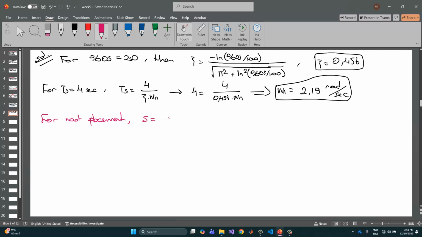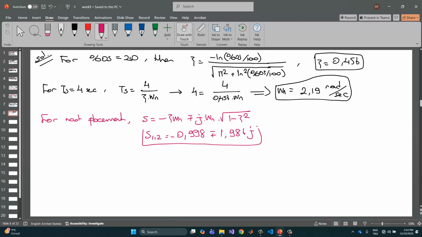We have S equals minus zeta Wn plus or minus j Wn square root of 1 minus zeta squared, which means that S1 and S2 are equal to minus 0.998 plus or minus 1.986 j. Okay, this is our desired poles in here.